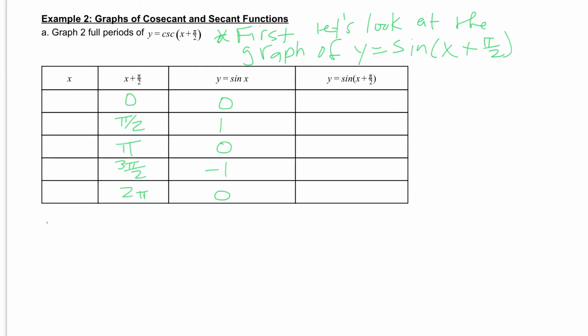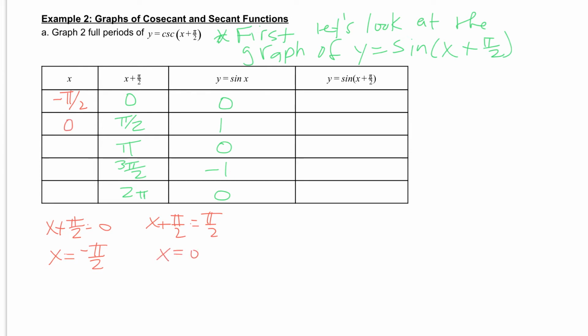So we're going to take x plus pi over 2 and set it equal to 0. Subtracting pi over 2 from both sides, we get x is equal to negative pi over 2. So that's our first x value. Then we're going to take that x plus pi over 2 and set it equal to pi over 2. Well, if we subtract pi over 2 from both sides, we get x equal to 0.